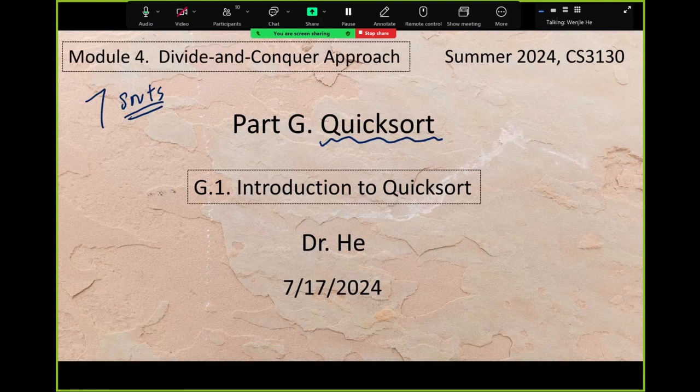This sort has the best average case efficiency.